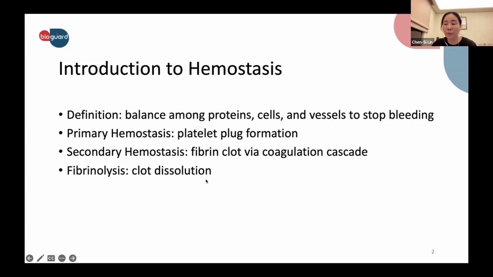Once the blood vessel is repaired, plasmin breaks down the clot to restore fluidity. So this is the whole process of hemostasis. Understanding the steps helps us pinpoint whether a bleeding issue is platelet based, clotting factor based, or a fibrinolysis problem.